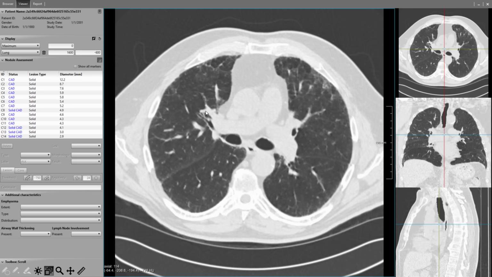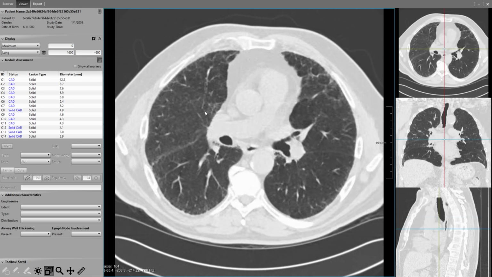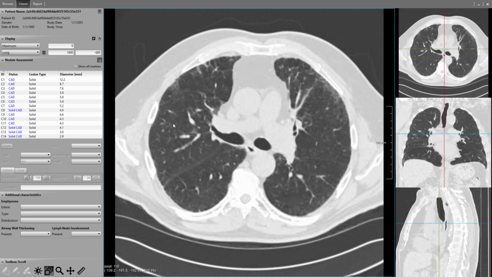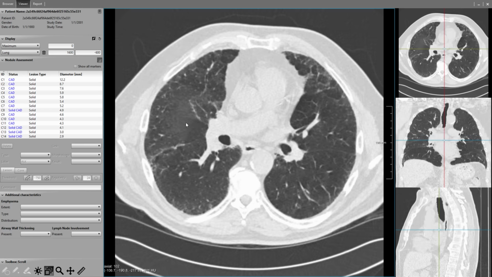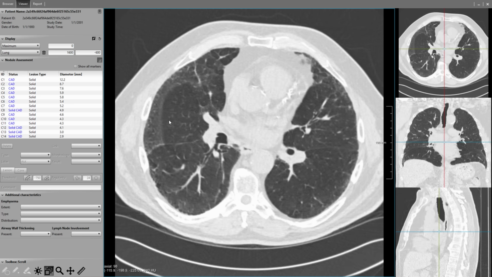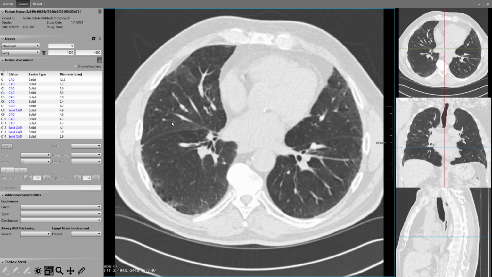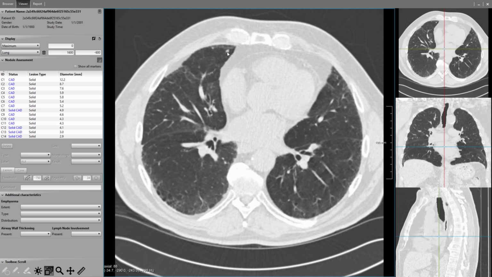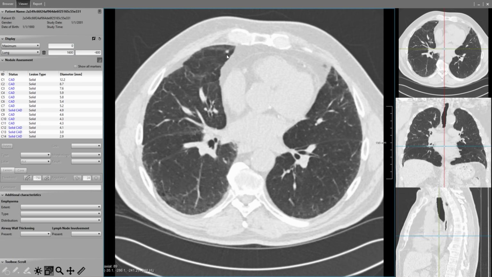Let's see if we see something. I'm just doing this quadrant by quadrant. So here I see a nodule. It's there, it's gone again, but it's a small one.